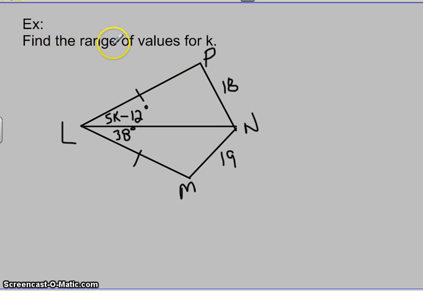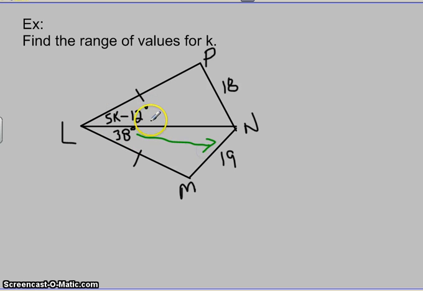Alright, so we're supposed to find the range of the values for K. So K is right here. Again, it looks like we have the sides marked congruent and reflexive property. And then we know that this angle is 38, and we're supposed to find what K could be.